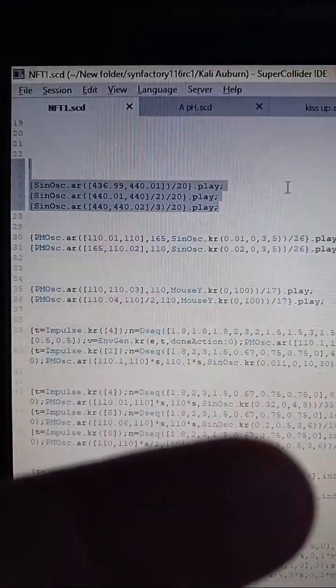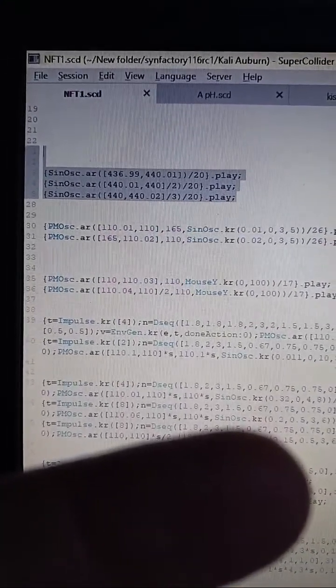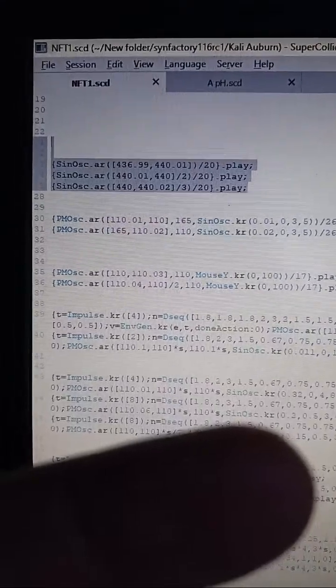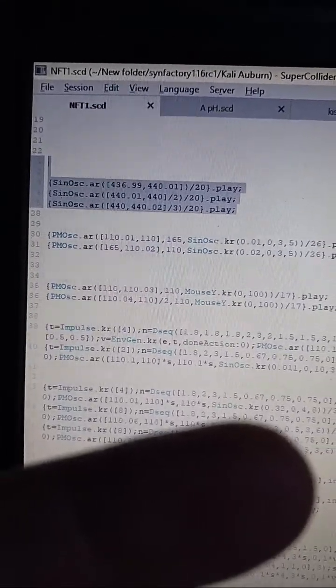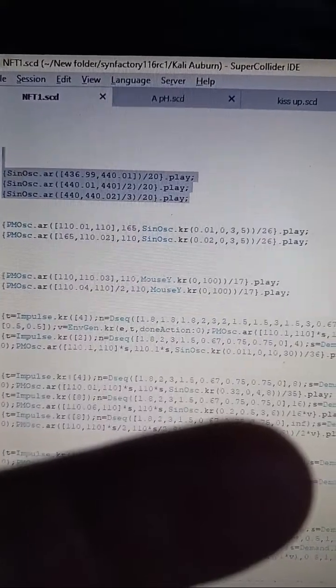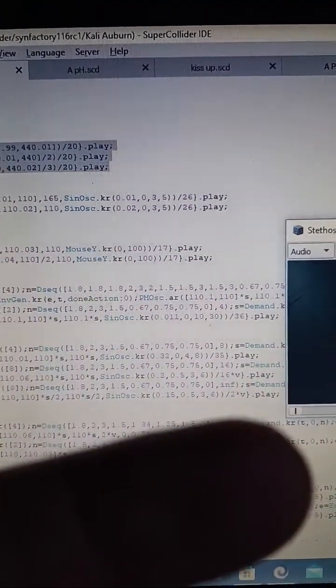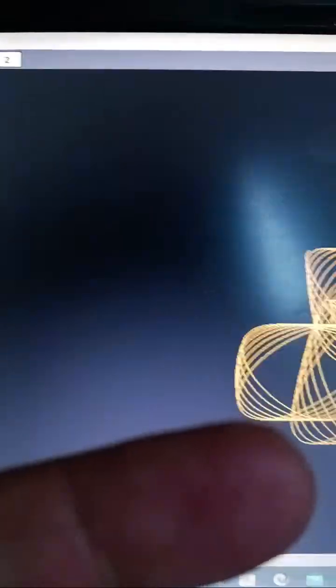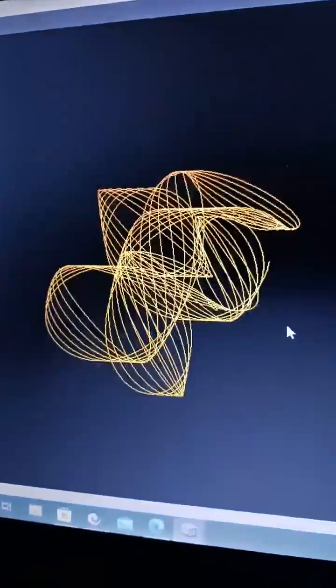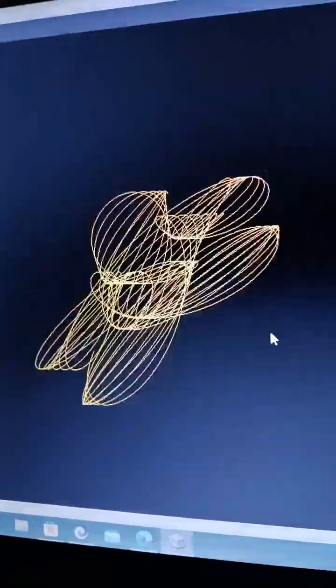But before, I was just doing a little demo. Well, I have more music-y music too, but then just for the cool graphic-y things. Ooh.